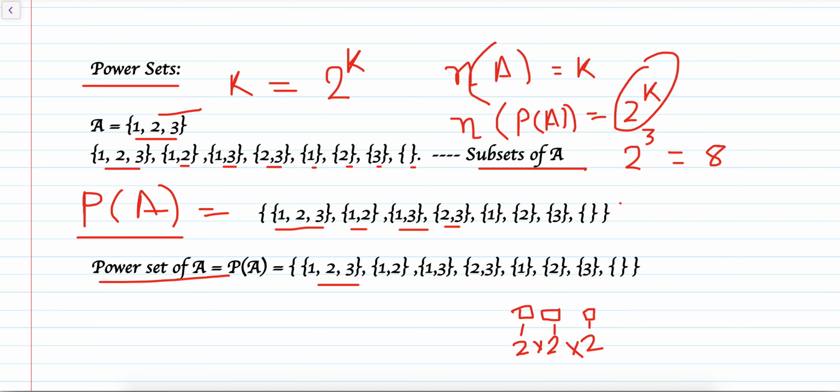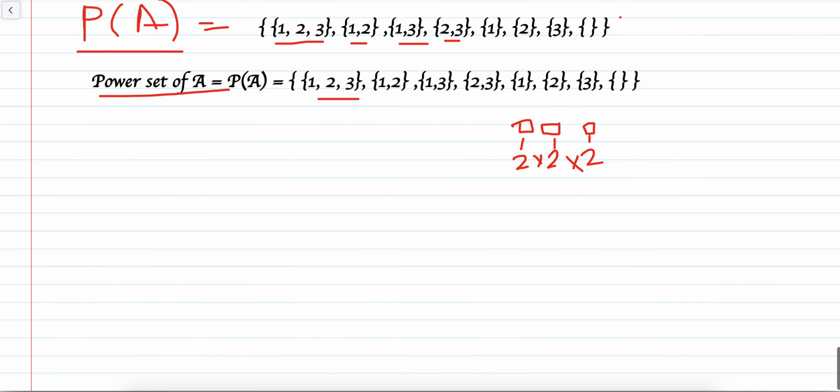So the last topic that we'll see in this introductory lecture is another terminology which we will call the universal set. Suppose in some context we have a number of sets.